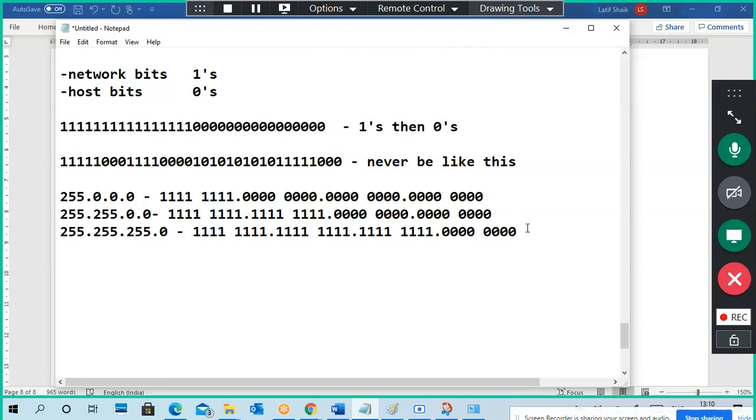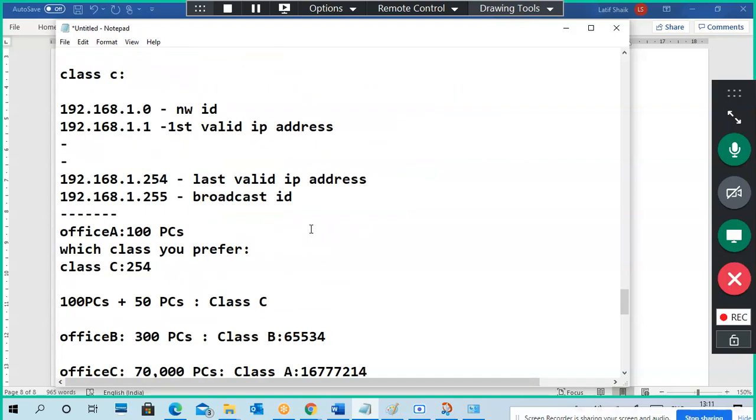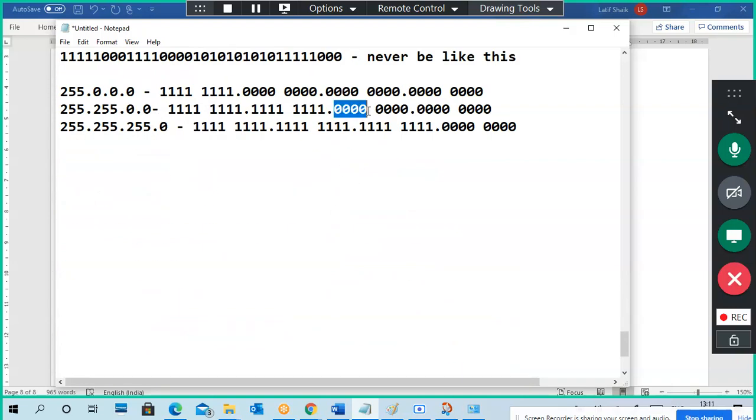So you can count the number of zeros. How many zeros are there? 8 zeros, 16 zeros, 24 zeros. If you go to the previous table, 8 zeros, 16 zeros, 24 zeros, what does it represent? The host portion.